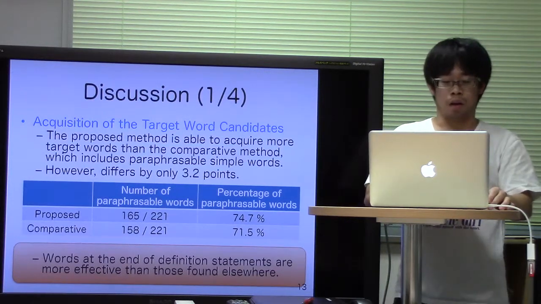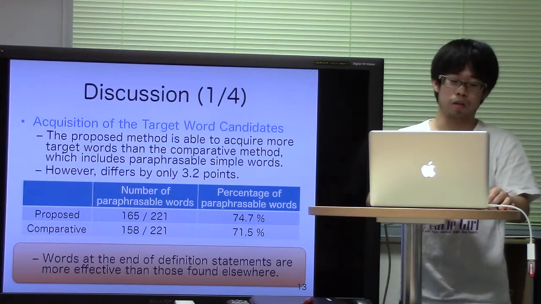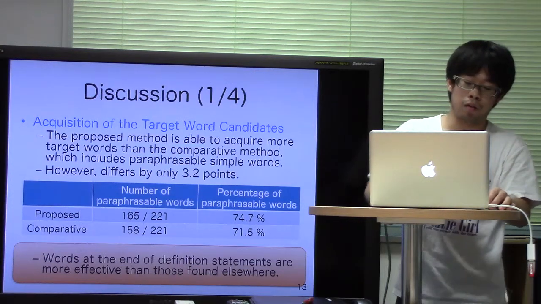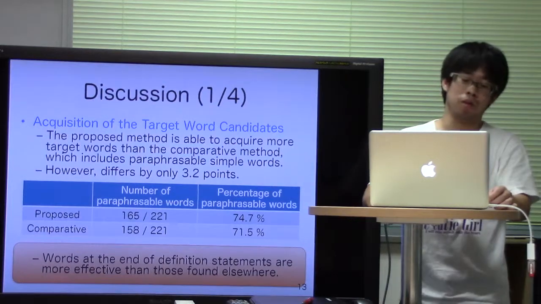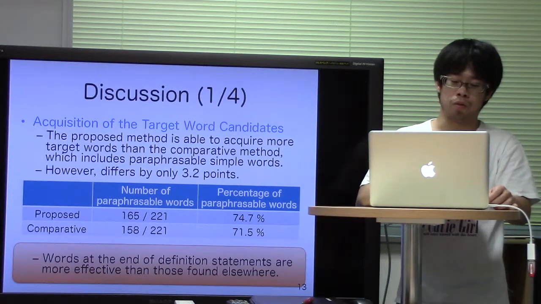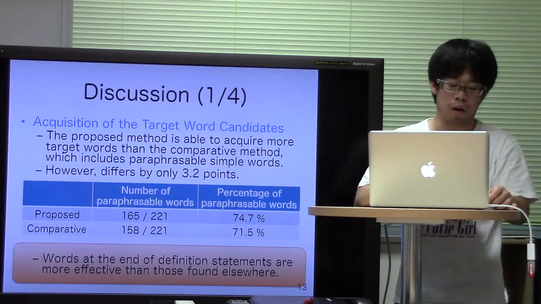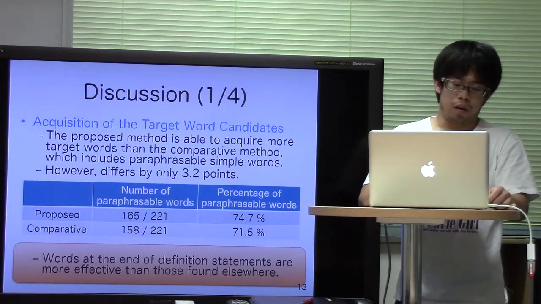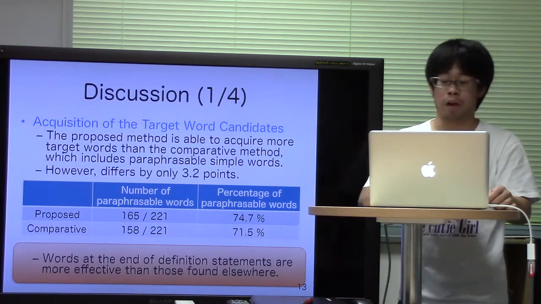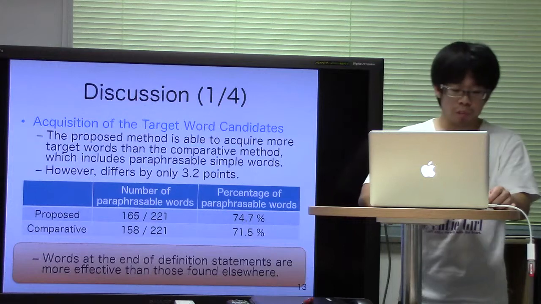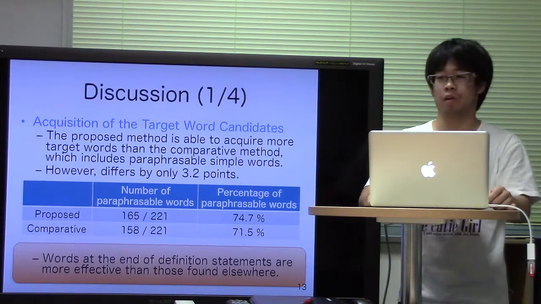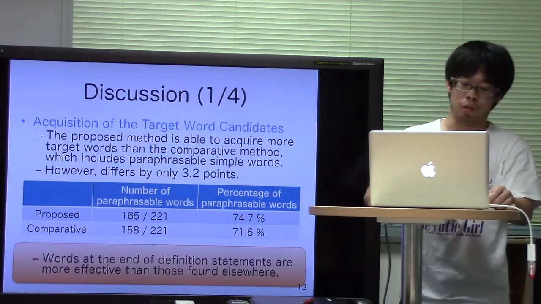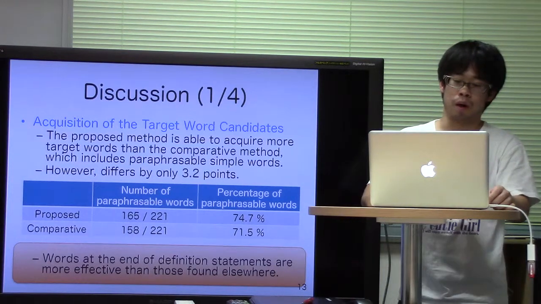However, the number of target words, including paraphrasable words, acquired by the proposed method differs by only 3.2 points from the number acquired by the comparative method. This shows that words at the end of definition statements are more effective than those found elsewhere.